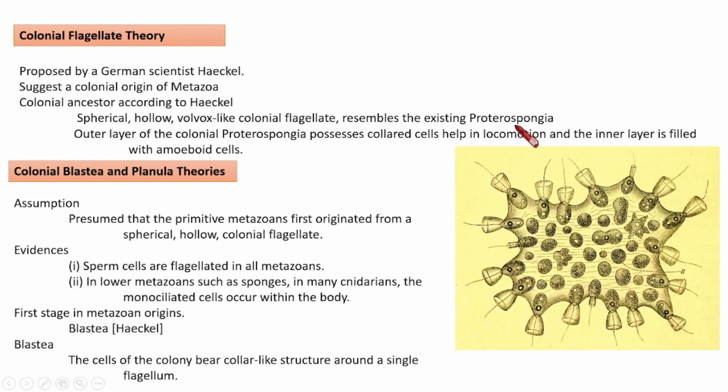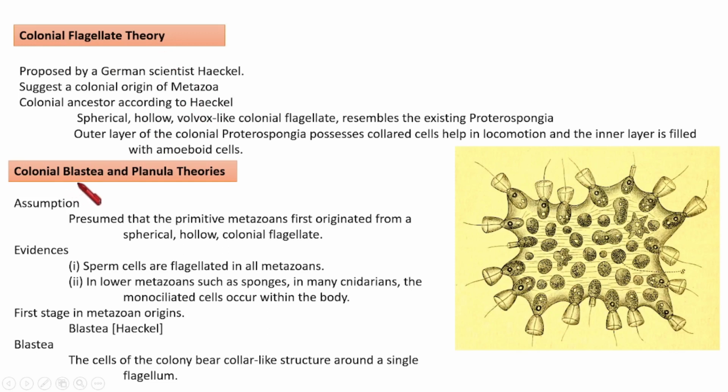In Protospongia, the outer layer of the colony is composed of special cells that have collars around the flagella, and these cells help in the locomotion of the colony. The inner side of the colony is filled with amoeboid-shaped cells. So, according to Haeckel, that colonial ancestor looks somewhat like this. That is the colonial flagellate theory.